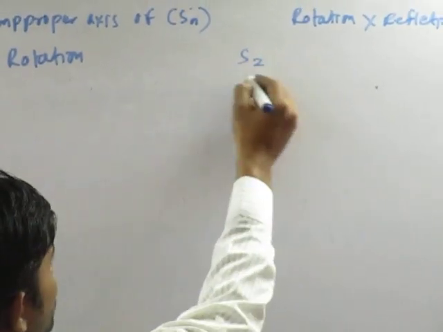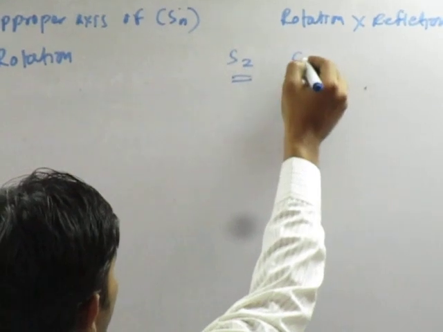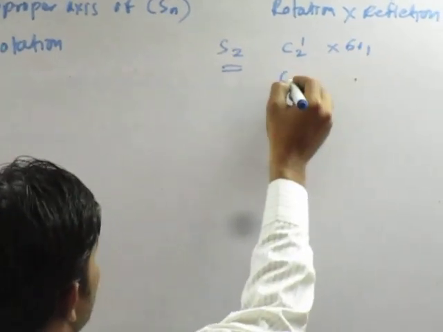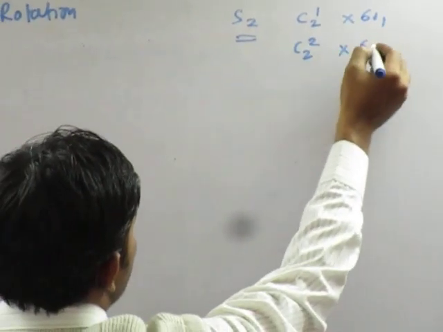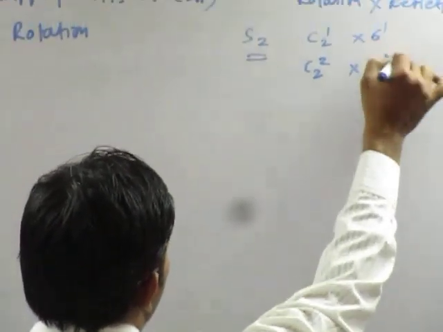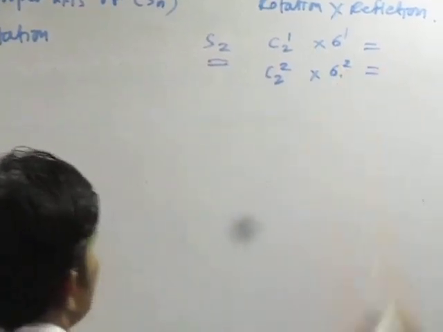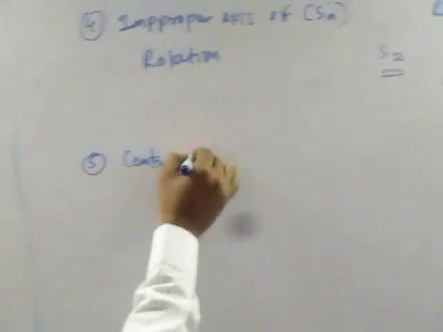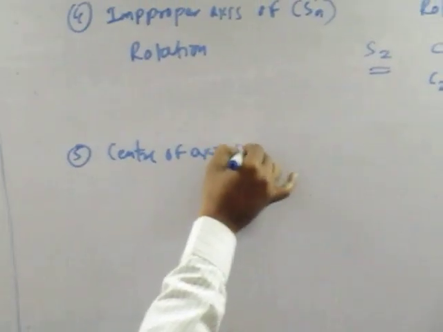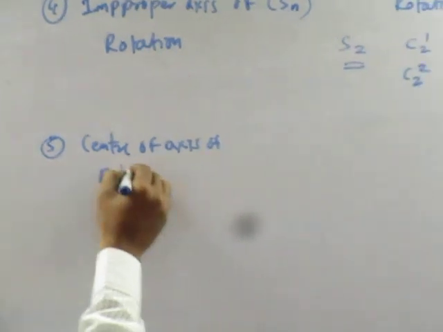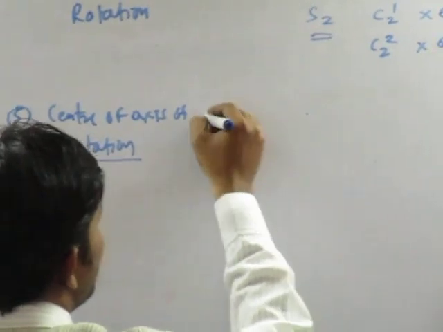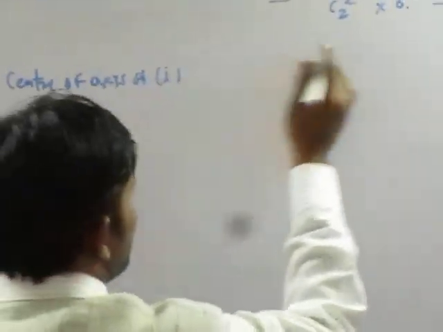If it is S2, then the rotation C2 followed by reflection sigma is equivalent to the rotation-reflection axis. Fifth, the center of symmetry, denoted by i.